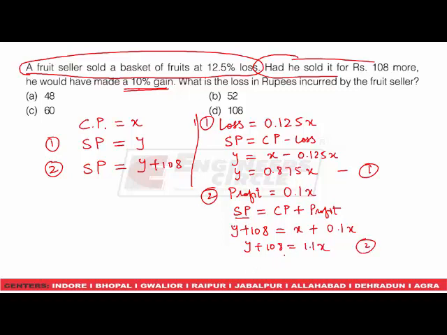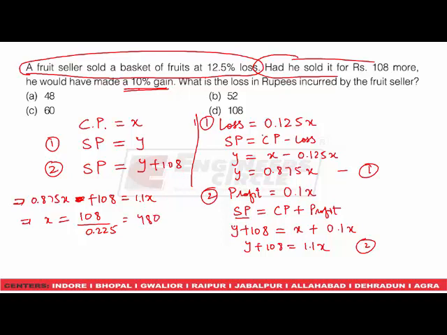So putting Y here, we can calculate X, which implies 0.875 X plus 108 equal to 1.1 X. So from here we are getting X equal to 1.1 minus 0.875, that is 0.225, so X will be 108 by 0.225, that is 480.